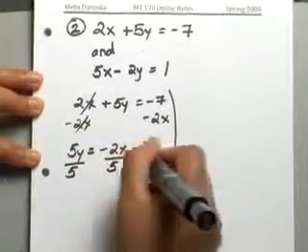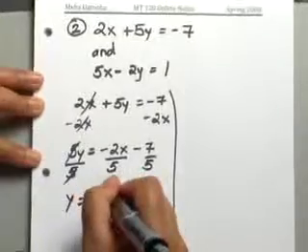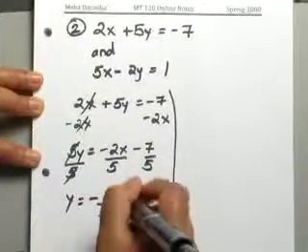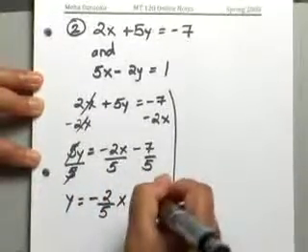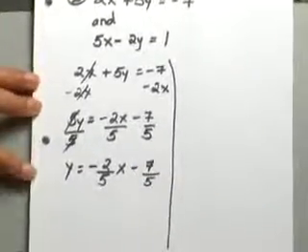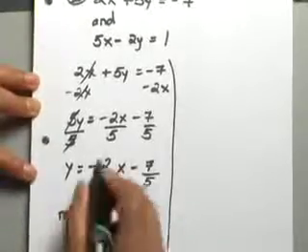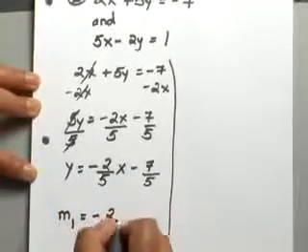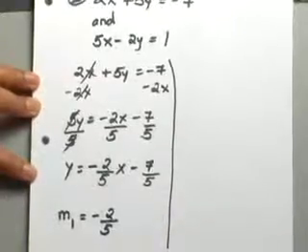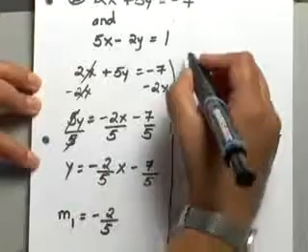Divide everything by 5 to get y by itself, and you end up with y equals negative 2/5 x minus 7/5. And now from this you can see that your slope for this line, and again we'll call it m1, is negative 2/5.